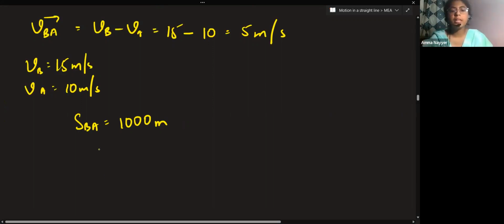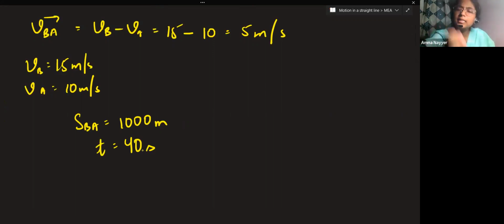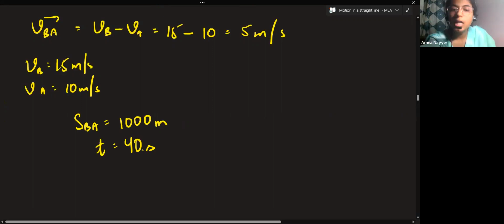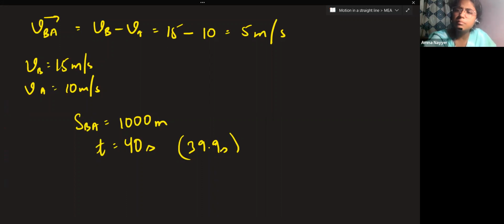SBA I've written, the time period is now 40 seconds. Now, why am I taking it 40 seconds? This is the maximum possibility, beyond this time cannot happen. It actually has to be 39.9 seconds for our calculation also, but instead of taking 39.9 seconds, it's better if we take 40 seconds. The answer will have a very slight variation in the decimal value, so that can be neglected.